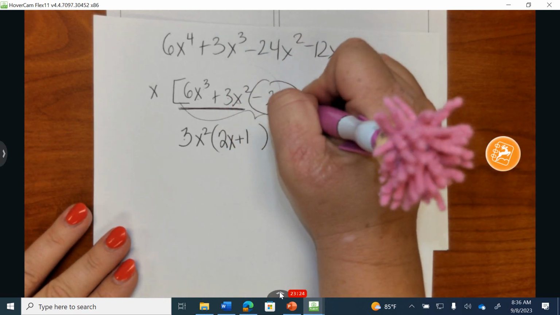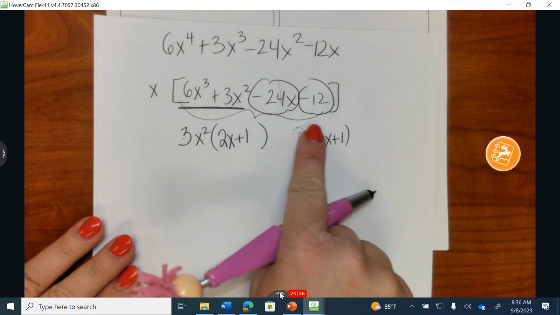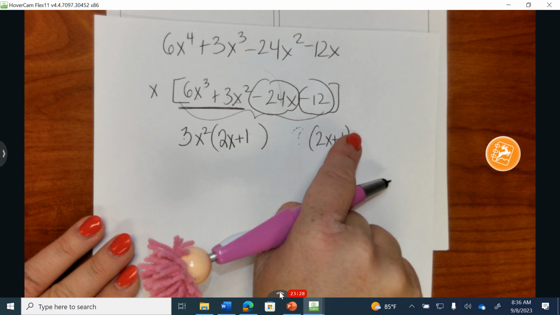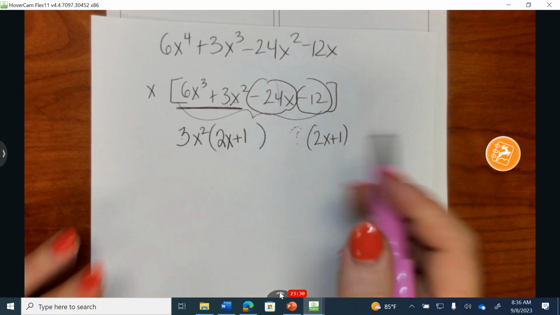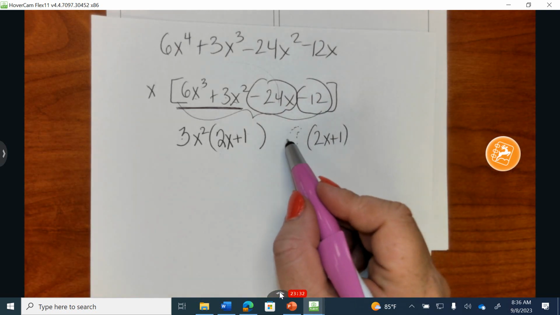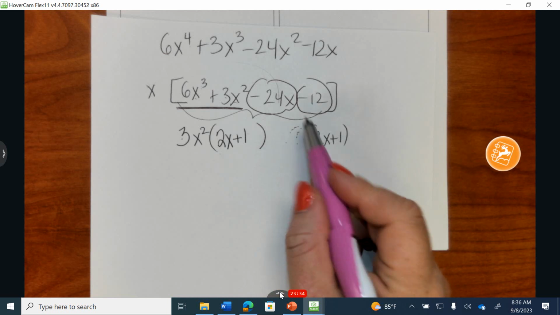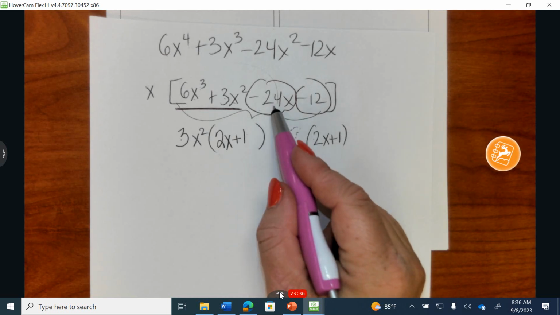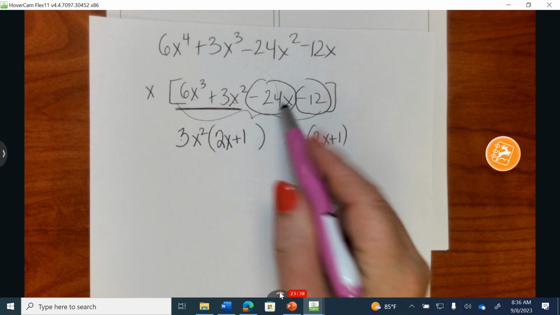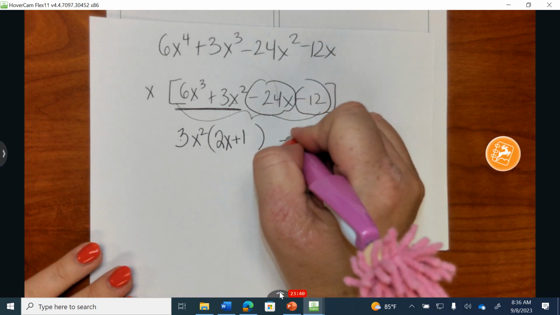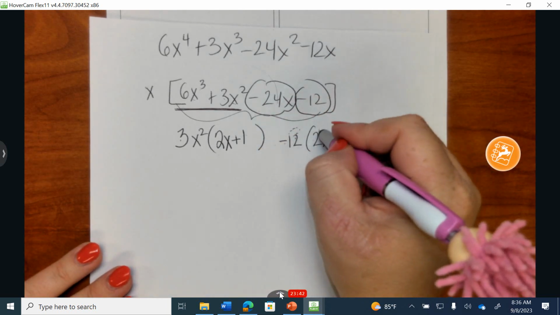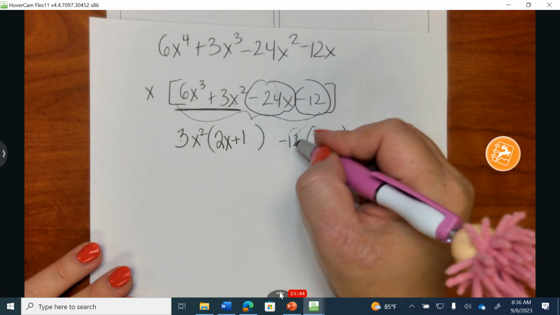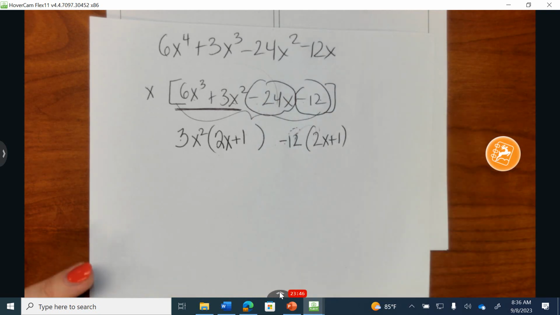If this is possible, there's a magical number that I can distribute to 2x and into positive 1, and I end up with these 2. So in my mind, I think, what times 2 is negative 24? The answer is negative 12. If I multiply, I end up with negative 24. If I multiply, I end up with negative 12.